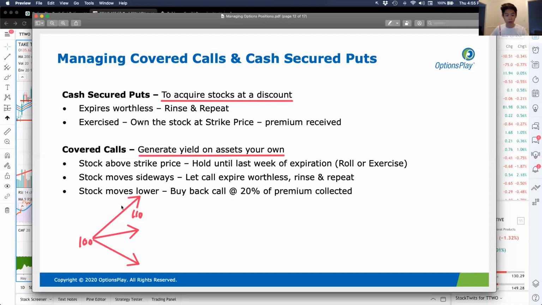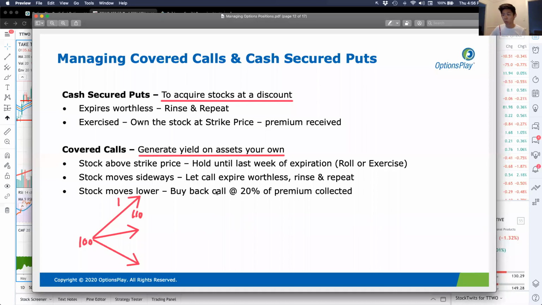Now, I think scenario number one, which is when the stock makes a significant move higher, is really where a lot of the questions come around: how do you manage a covered call where the stock goes above your strike price? The answer is, if the move happens well before your expiration date, you shouldn't panic. You should typically hold on to that covered call.